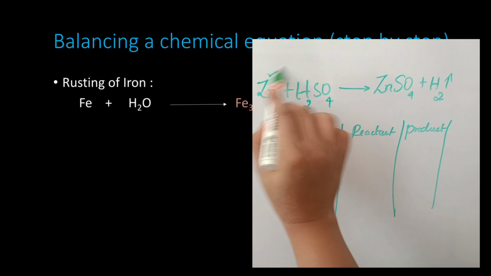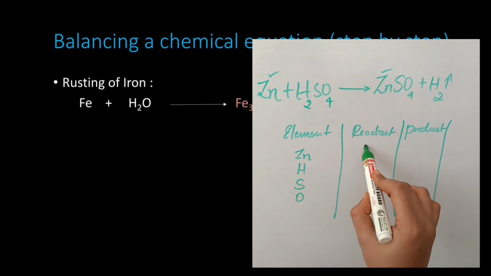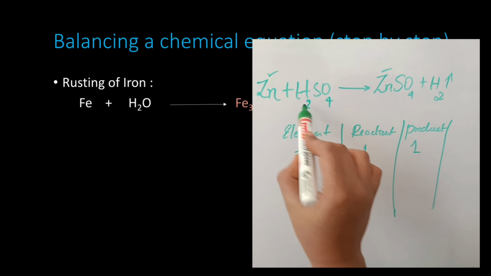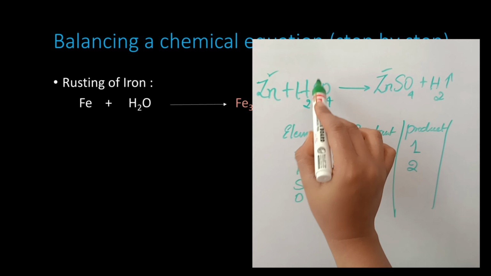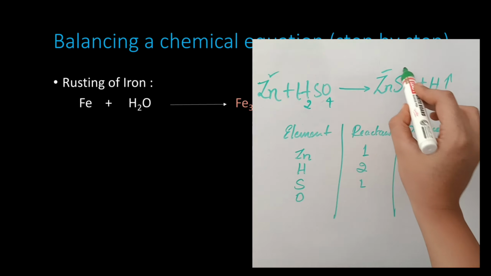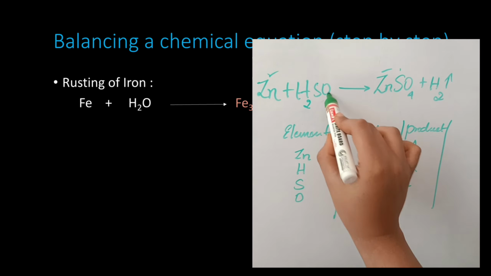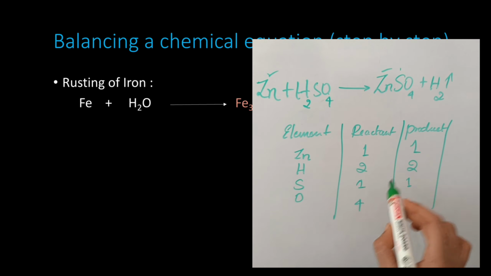Now see, Zn is 1 here, on the product side also it is 1. Hydrogens are 2, here hydrogen 2 atoms. Here sulfur is only 1, here sulfur is only 1. Here oxygen, you have 4 atoms of oxygen. Here also 4 atoms of oxygen.